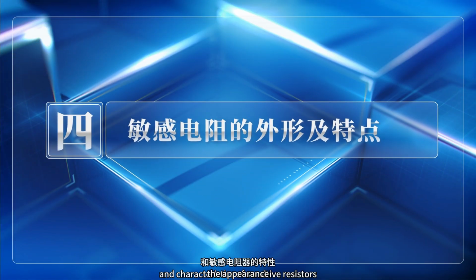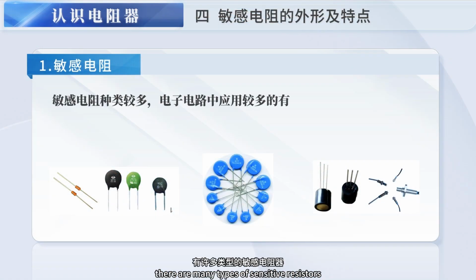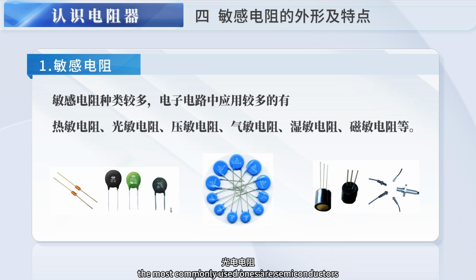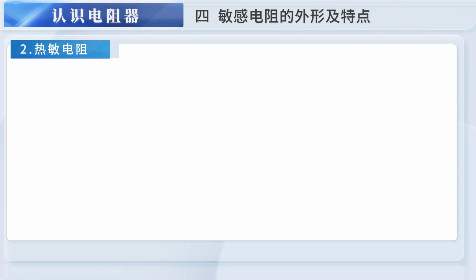The appearance and characteristics of sensitive resistors. There are many types of sensitive resistors in electronic circuits. The most commonly used ones are thermistors, photoresistors, piezoresistors, gas sensors, humidity-sensitive resistors, etc. Thermistor.